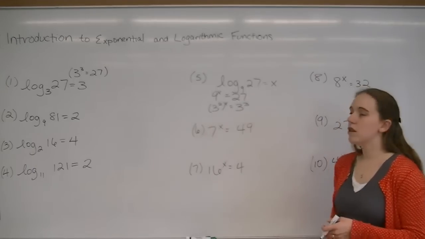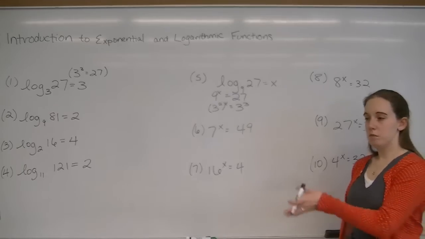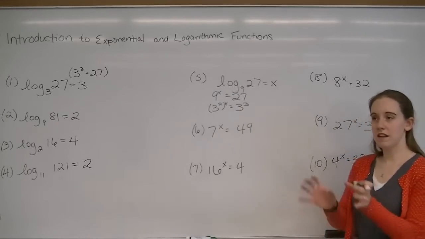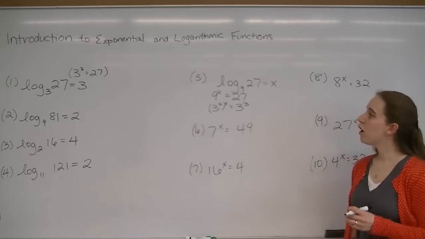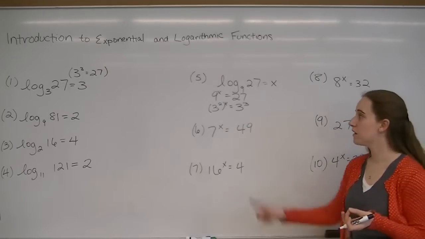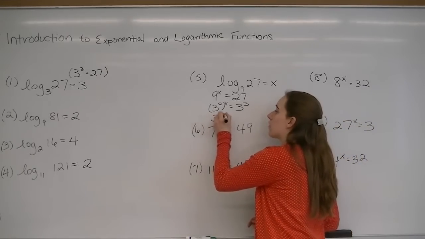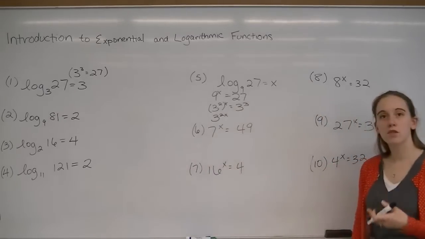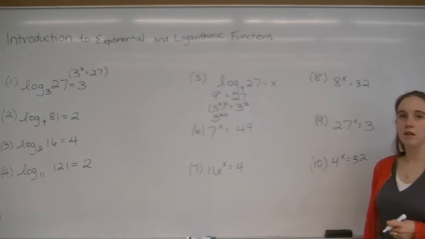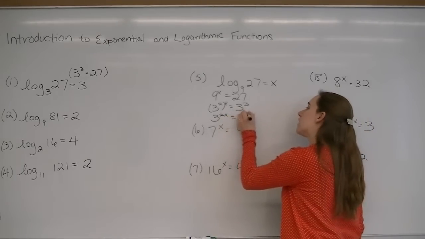If I take 3 squared to the x power, I'm taking 3 times 3, but x times. I'm taking x copies of that, so I'll end up with 2 times x copies of 3, because there are 2 3's in each of these. There's an exponent rule that tells us that 3 squared to the x power is 3 to the 2x power. And that's equal to 3 to the third.